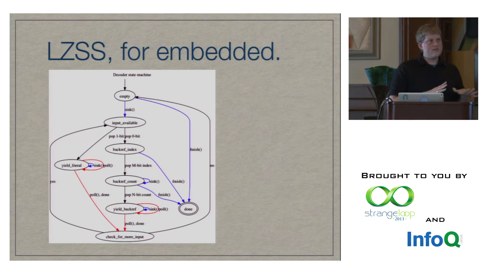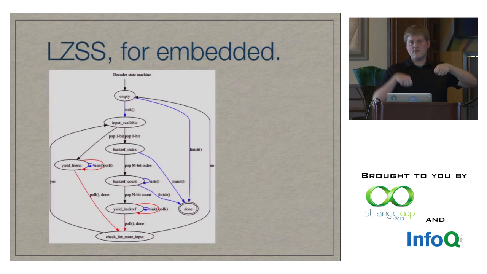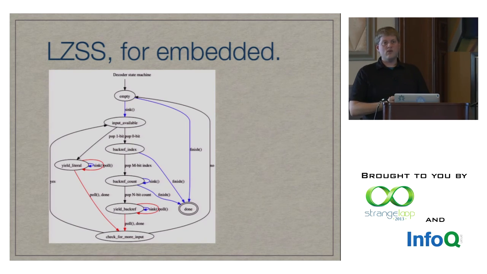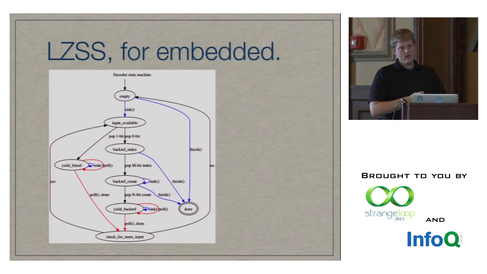And so the API for this, my favorite way of describing it, is something where you dump in data and then you turn the crank and then you just keep turning the crank until nothing more comes out. And then you dump in more data and keep turning and so on. And once you're done, you tell it that you aren't going to have any more input and then keep turning the crank until you reach the end of the output stream and then tear the whole thing down.